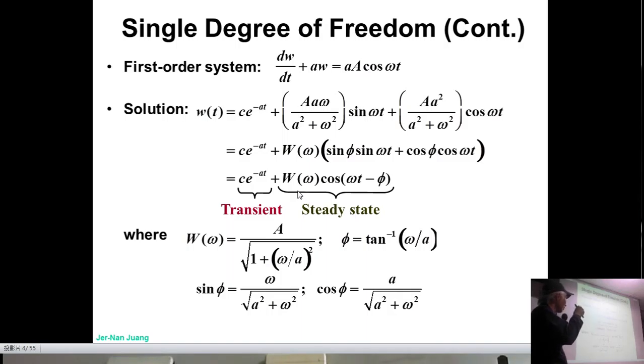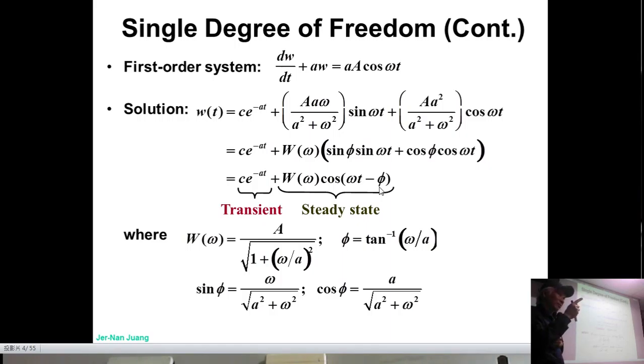You look at the amplitude, we go W. We'll explain this later, and that phi here is the way you quantify the steady state response. So two terms, two constants. One is W, that's a function of omega. One is phi, that's also a function of omega.